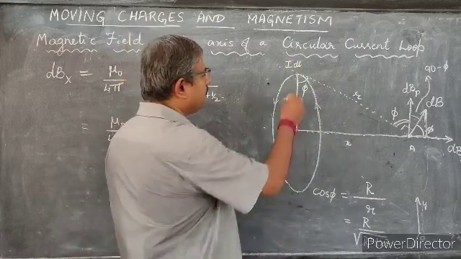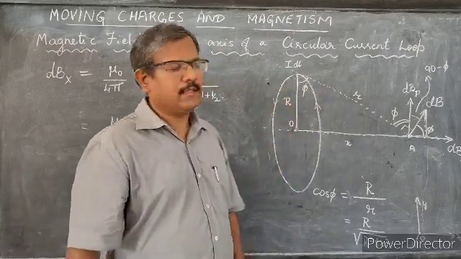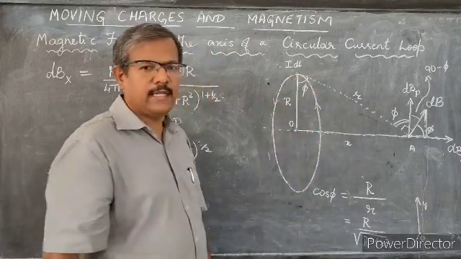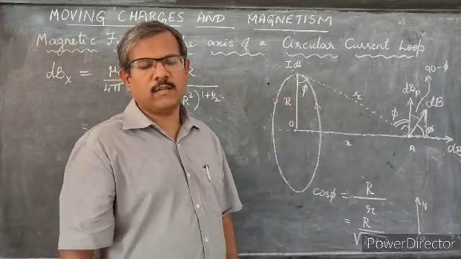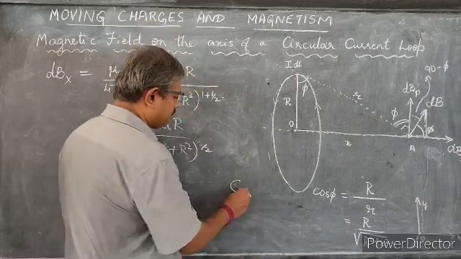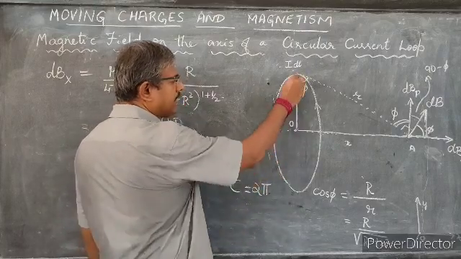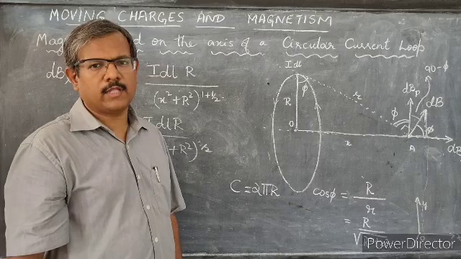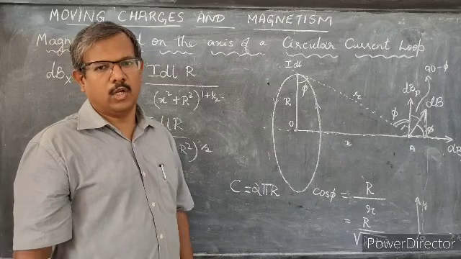Now if I were to sum up all the current elements along the circular loop, then the entire length would now translate to the circumference of the circular loop. So the circumference of the circular loop, you know, is given by 2 pi into the radius. The radius in this case is capital R. So 2 pi R. So that will be my summation of all the current elements along the circular loop.